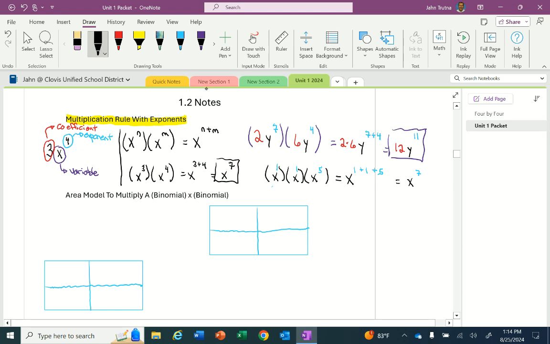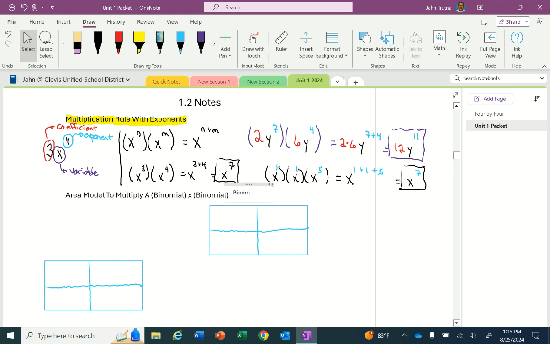Now, we're going to apply this multiplication rule with exponents, and then we're going to use it to multiply what we call a binomial times a binomial. So what the heck does this word binomial mean? Let's get a quick definition. It might be something that you have heard before.